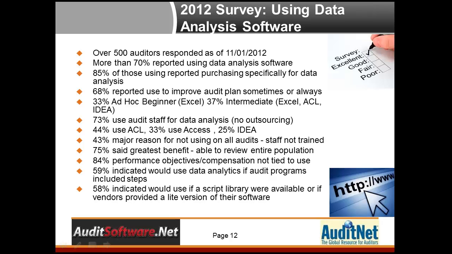There still exist some issues that impact widespread usage, including the following. We found from our survey that training was not being coordinated with either planning activities or audit projects. For example, training is not just-in-time training. It's based on availability or tied to conferences or training events.